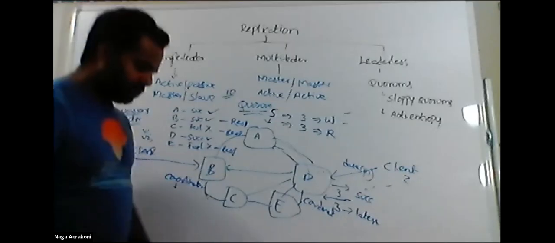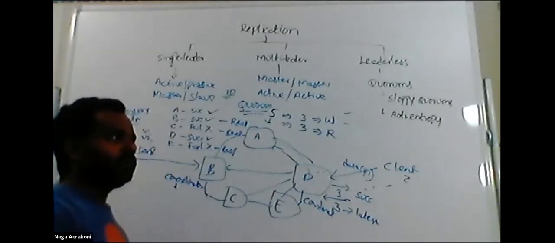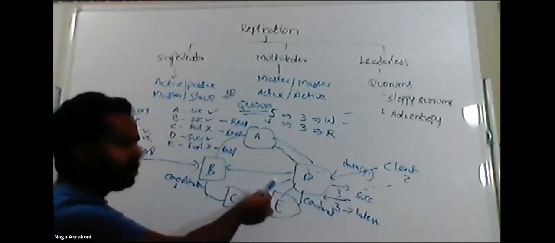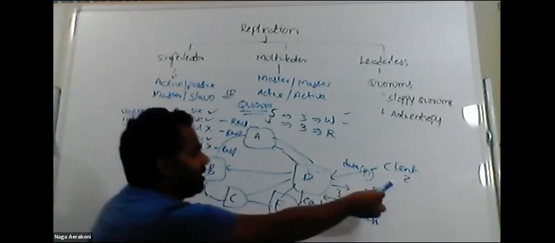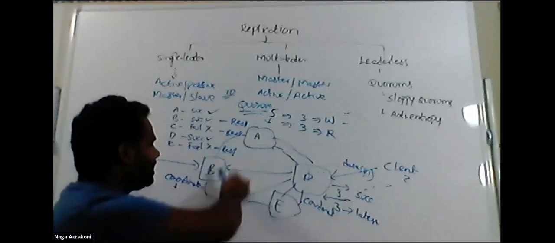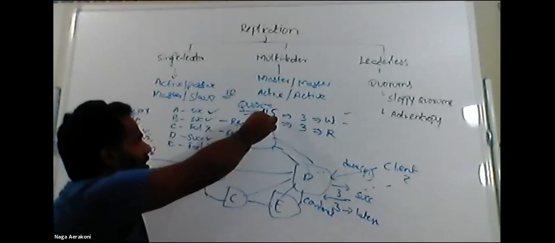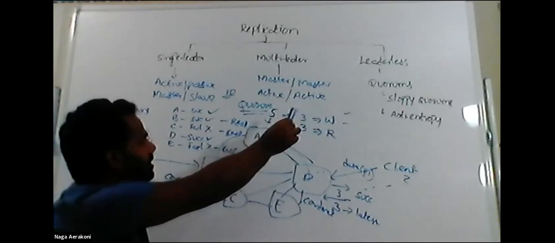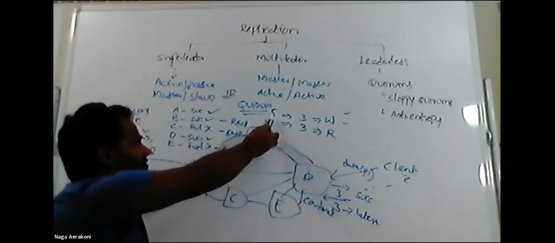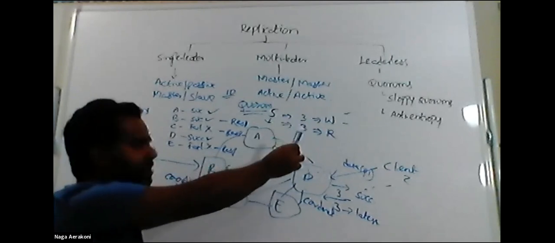Okay. So the idea of leaderless, as I said, is that you don't have a leader. Whenever a client wants to write some data, suppose in this case client 2 wants to write data, and we have these 5 nodes, A, B, C, D. Our quorum condition, which is the condition on which all the leaderless systems work, says that out of 5 nodes, if any 3 nodes acknowledge a write, treat it as successful.